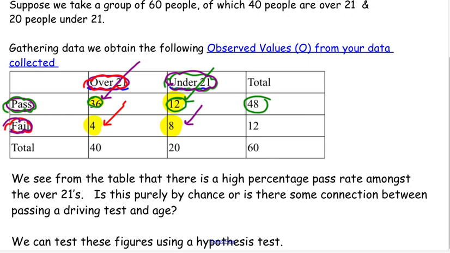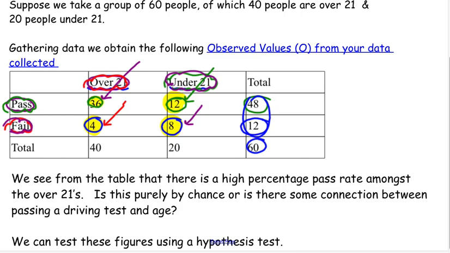We're not worrying about their age. Then we're going to add 4 and 8 together to give us a total of 12 people. 12 people out of our entire sample failed the test the first time. And then if we add up this column here, 48 plus 12 is 60. That should match up, 60 people total.